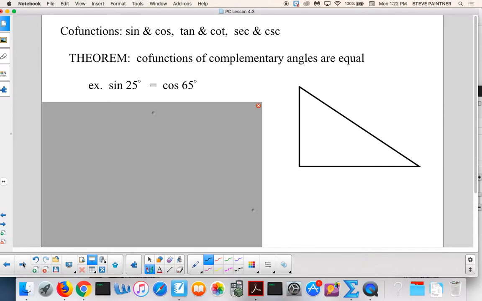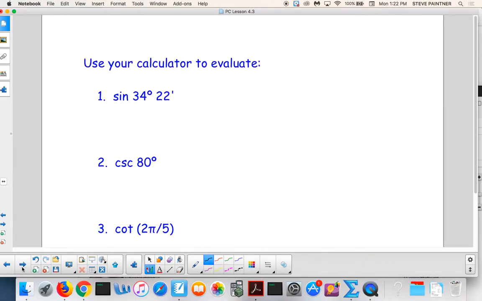Did this, didn't we? Co-functions? Okay. Yeah. Did not do this. Correct. This is a calculator problem. Go ahead, use your calculator. You need to type this in. Give me sine of 34 degrees, 22 minutes.